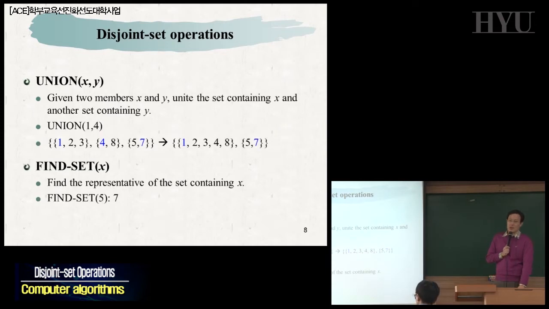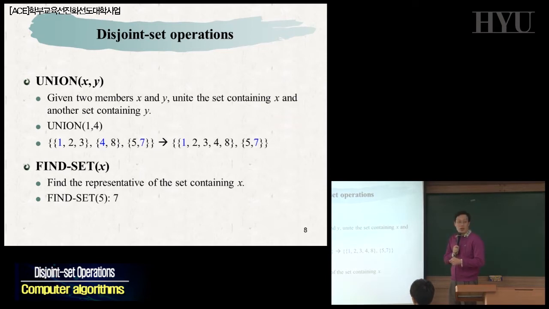And union operation is to unite two sets. Union 1 and 4 is like this. Okay, there are two sets. This set includes 1 and this set includes 4.